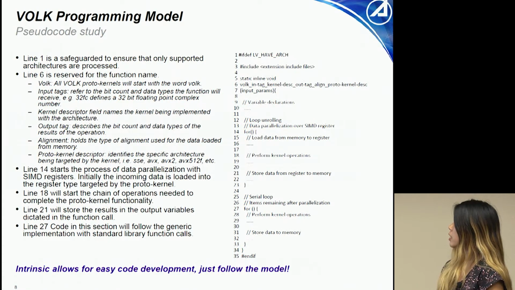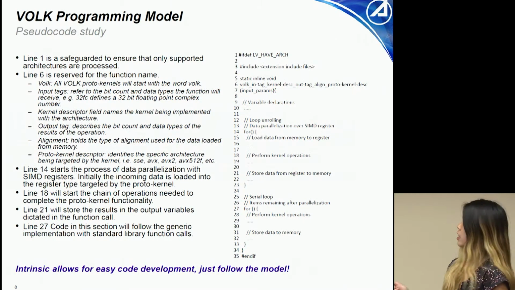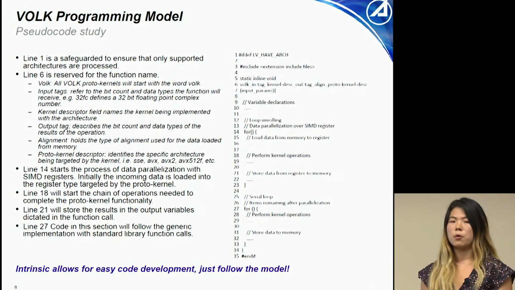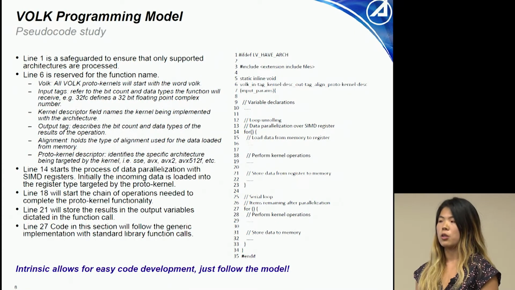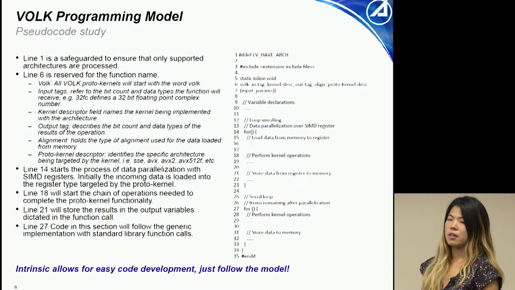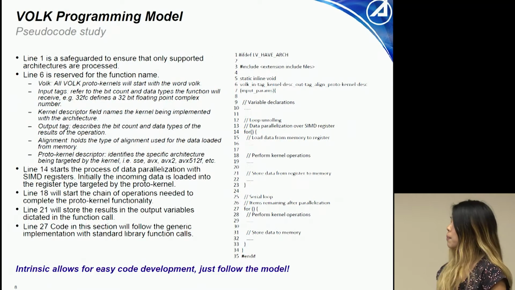Next, we have the function description. They all start with VOLK, and then they have an input tag, which is basically the input data type and data size. Next, there's the kernel description, which describes what the kernel does. So it could be multiply, add, or something more complicated like square root, tangent. Next, there's the output tag, which again is the output data type and data size.